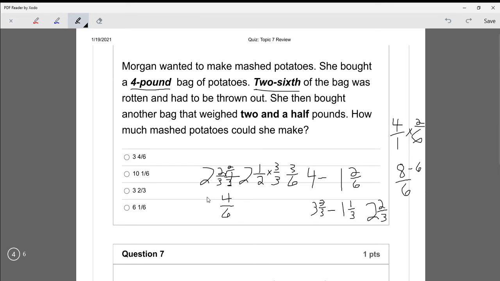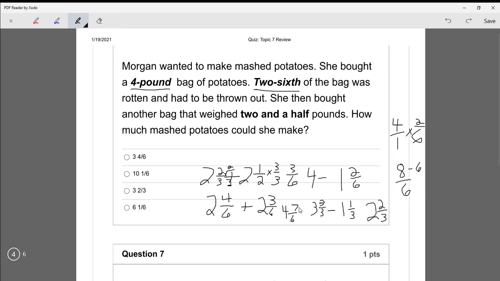So now we have 2 and 4/6 plus 2 and 3/6. So 3 plus 4 is 7/6. 2 plus 2 is 4, but this is not correct notation.